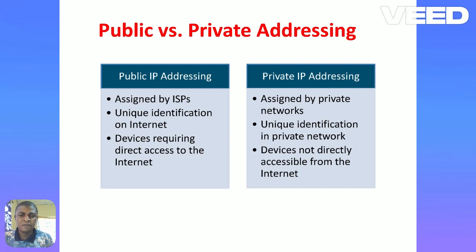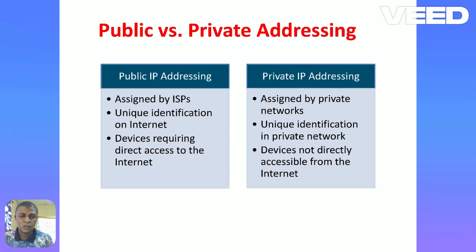So you have the private versus public addressing. The public IP address is assigned by the ISP, which is the Internet Service Provider, and is a unique identification on the internet. Devices require direct access to the internet. So that is the portion of the public address.